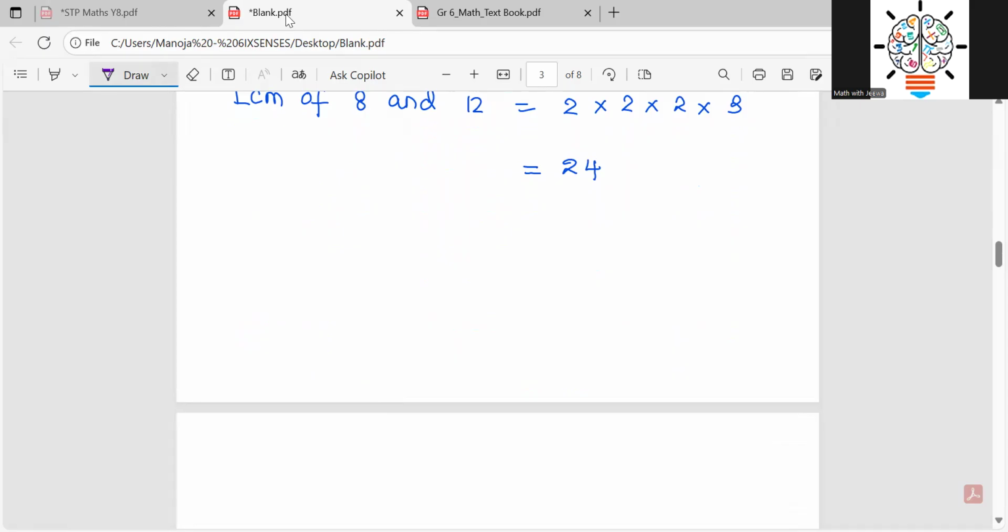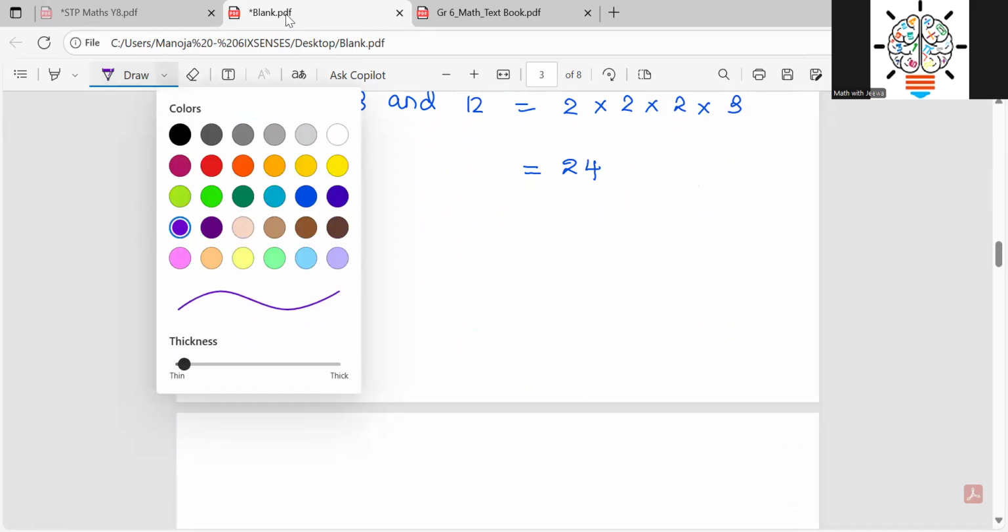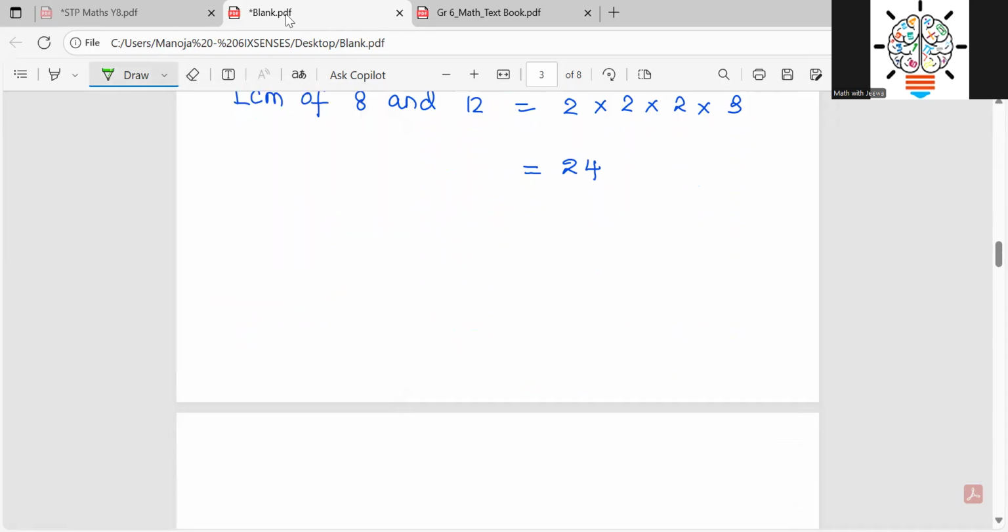Let's say I write the multiples of 8: 8, 16, 24, 32, 40, 48. We have more, but I finish over there.